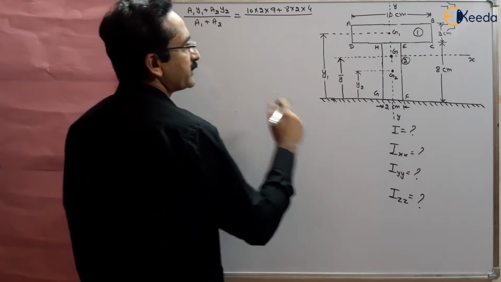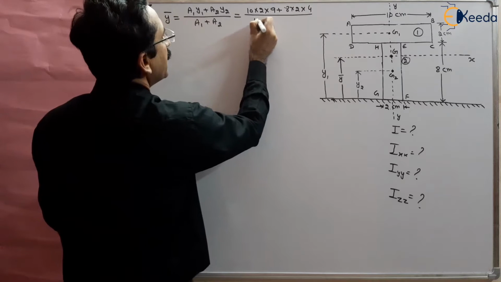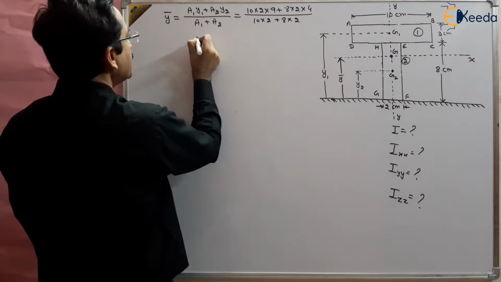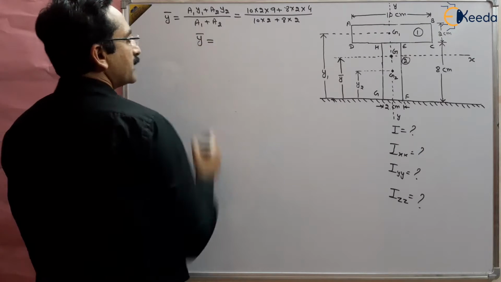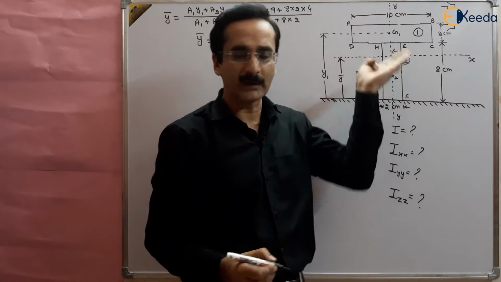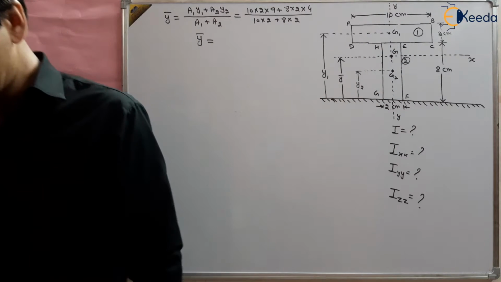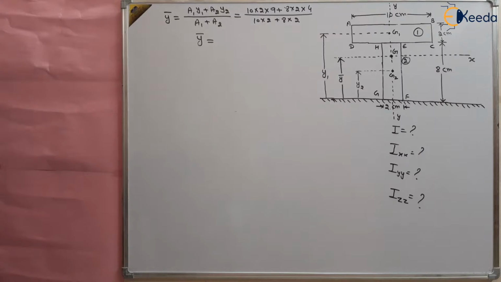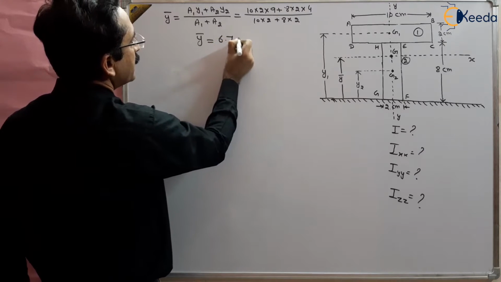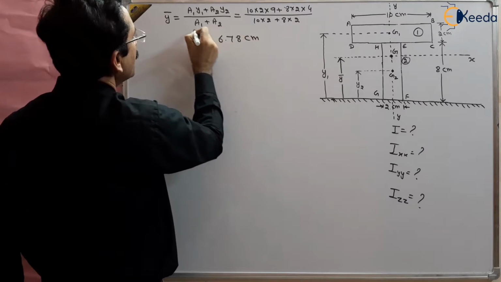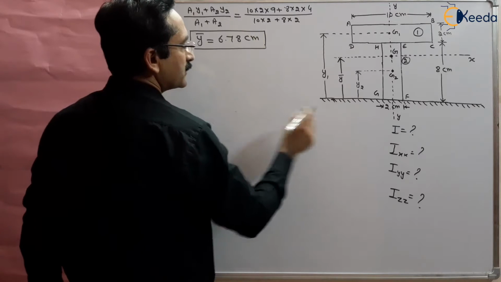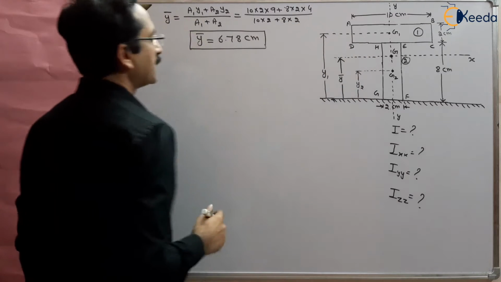Total area is a1 plus a2, so this is 10 multiplied by 2 plus 8 multiplied by 2. By this we can find the centroid from the reference line in the vertical direction, right? So this y bar will come out to be 6.78 centimeter from the bottom line or reference line, right? From this line, 6.78 centimeter.